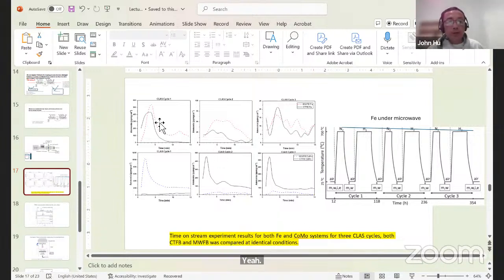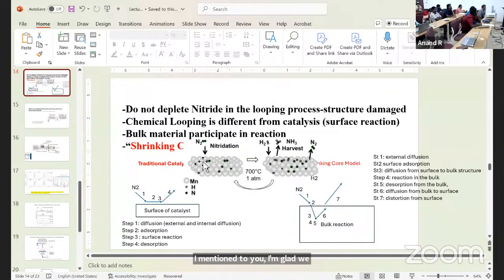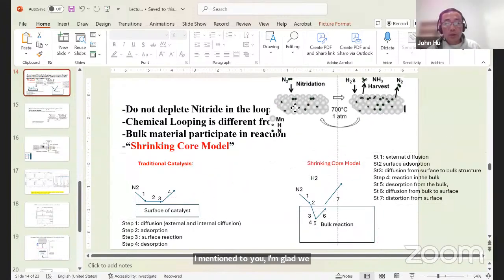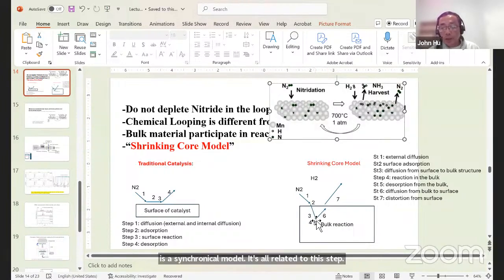I'm glad we discussed this shrinking core model. It's all related to the steps: the internal desorption, step 5, step 4, the reaction, and essentially steps 4, 5, 6.